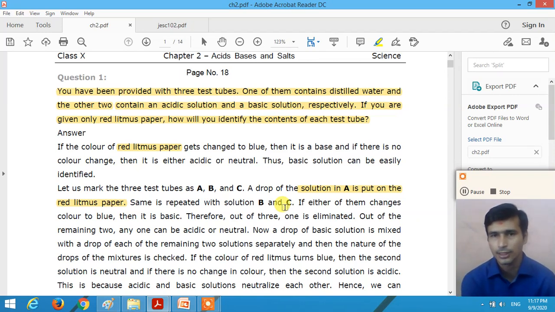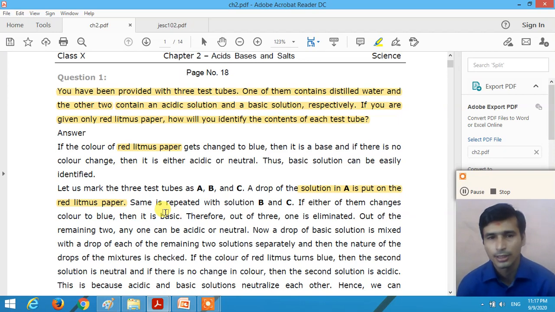First one contains distilled water, second contains the acidic solution, third contains the basic solution. Now take two or three drops from each test tube and put them on the red litmus paper, right? If any of them changes the color to blue, then it is basic, right?